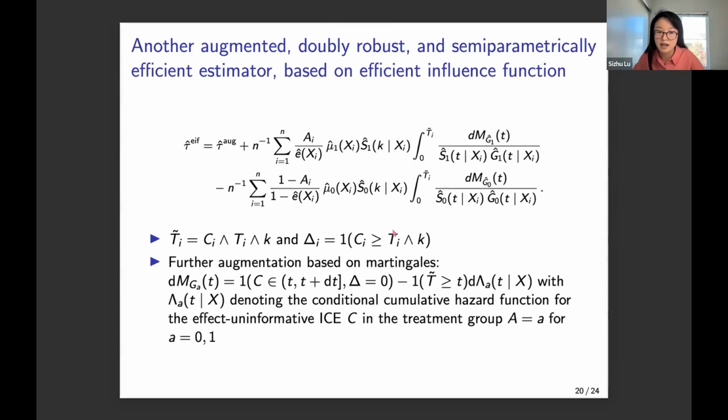I didn't have time to mention it, but in order to achieve a more efficient estimator, the requirement on the convergence rate is more relaxed compared with the basic estimators we've seen before, because now the remainder can be written as a product of two convergence rates. So in addition to the robustness to misspecification, we also gain from the convergence rate relaxation. But you're absolutely correct that the censoring probability is hard to model correctly, especially using parametric or semiparametric models.